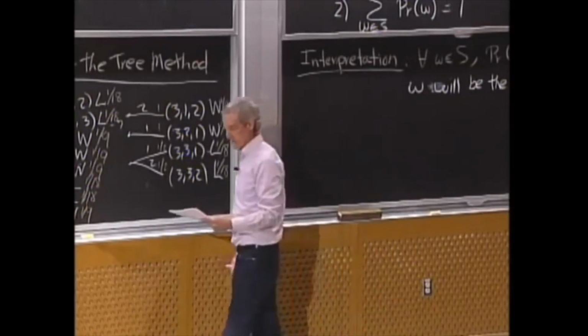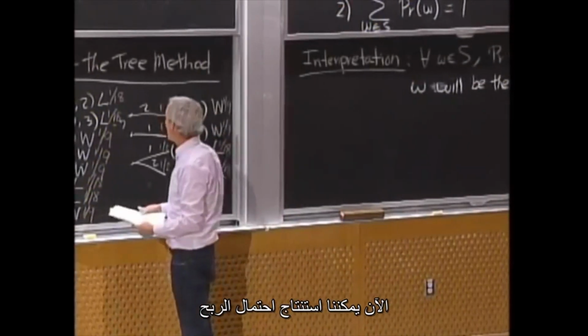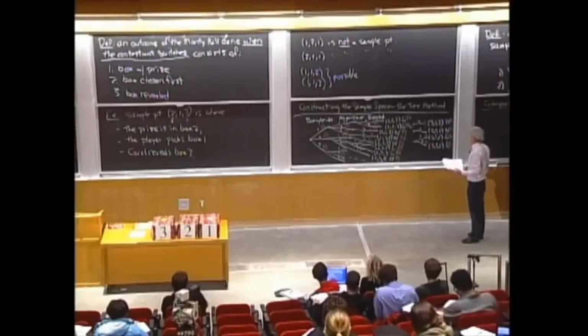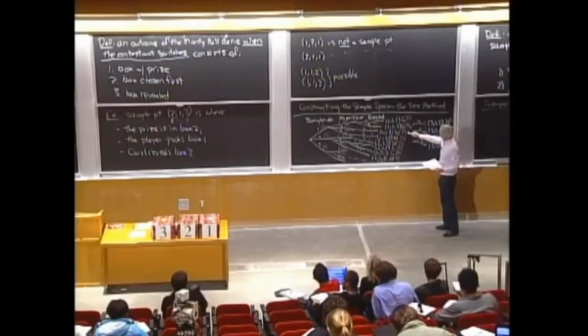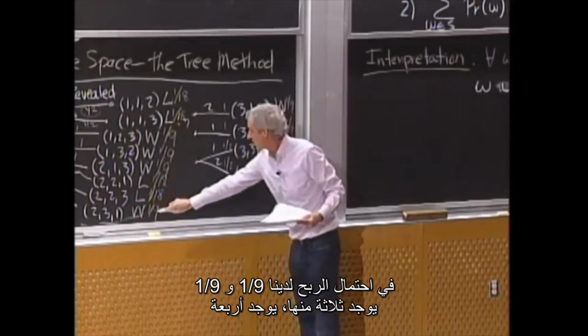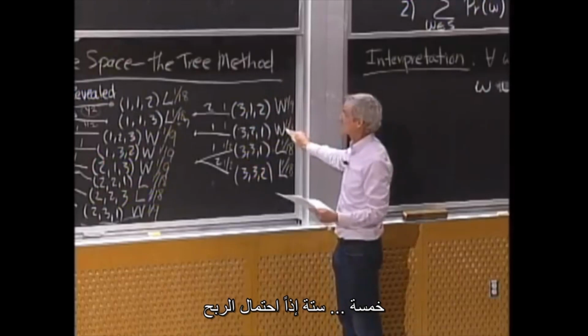Okay. All right. So now we can figure out the probability of winning. Well, the probability of winning is we have a ninth. There's 3 of them, 4 of them, 5, 6.